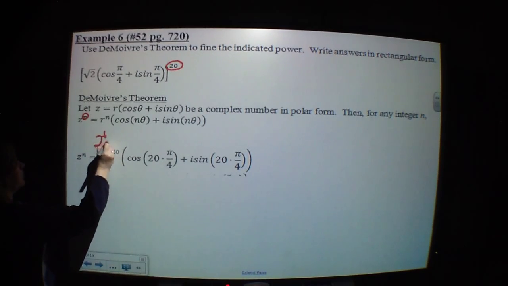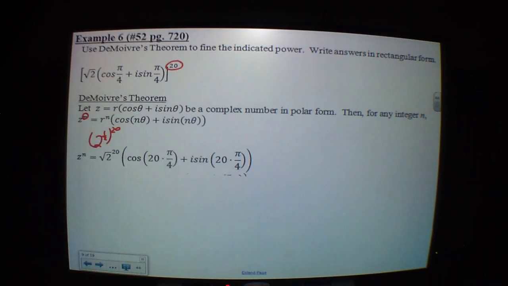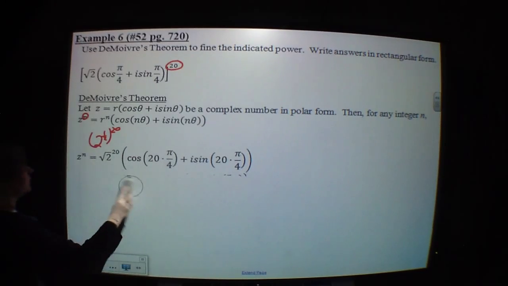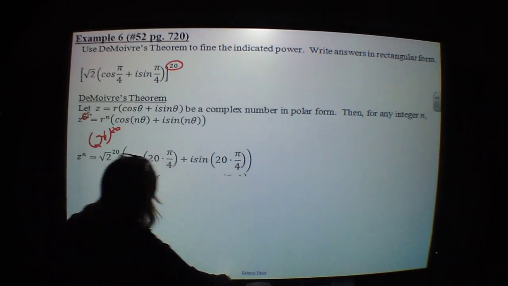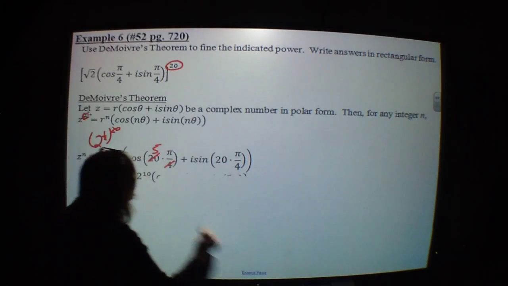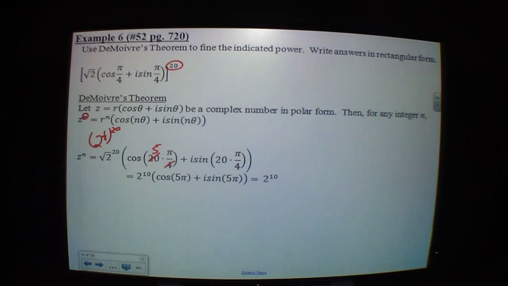Remember, this is 2 to the half power to the 20th power, which is 2 to the 10th. So this ends up right here to be 2 to the 10th. I start with 20 times pi over 4. 4 goes into 20 5 times. So that's what I have there.